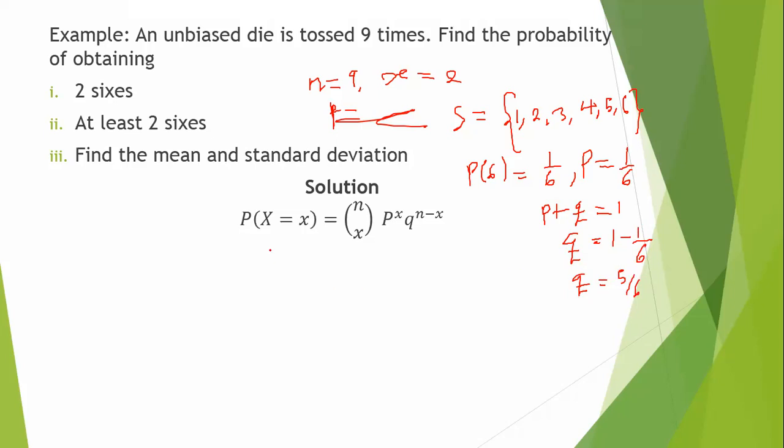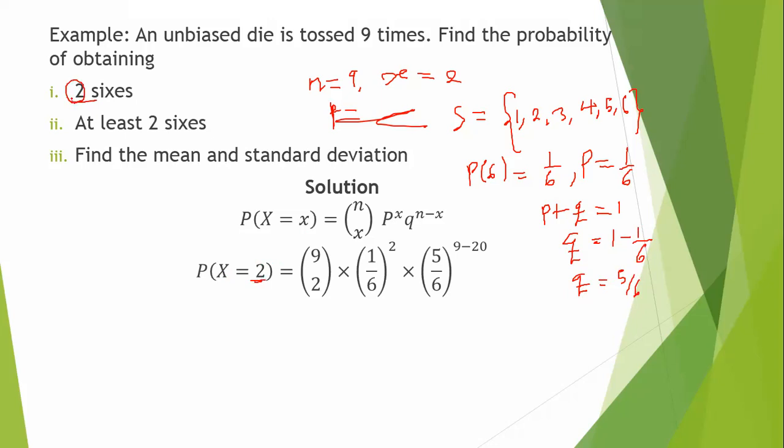So then we come and substitute in our formula. Probability of x equaling to 2, because we need the 2 6's, is equal to n combination x, so it will be 9 combination 2, then we multiply by p, which is 1 over 6 to power 2, and then 5 over 6 to power 9 minus 2. So that would give us 9 combination 2 times 1 over 6 squared times 5 over 6 to power 7.